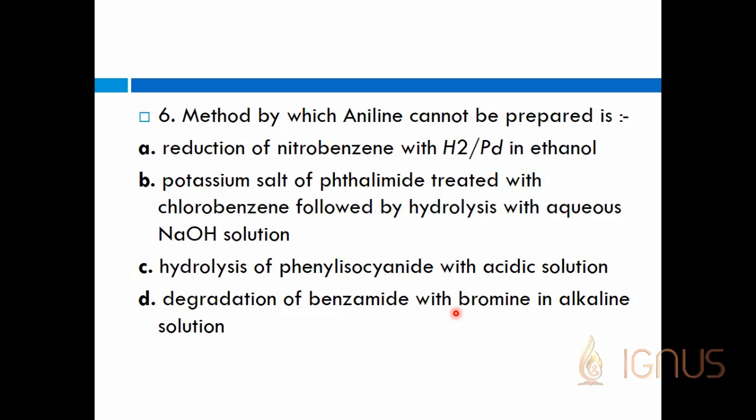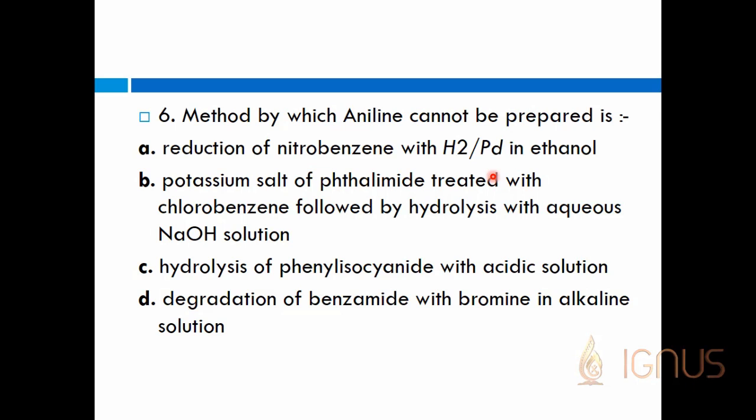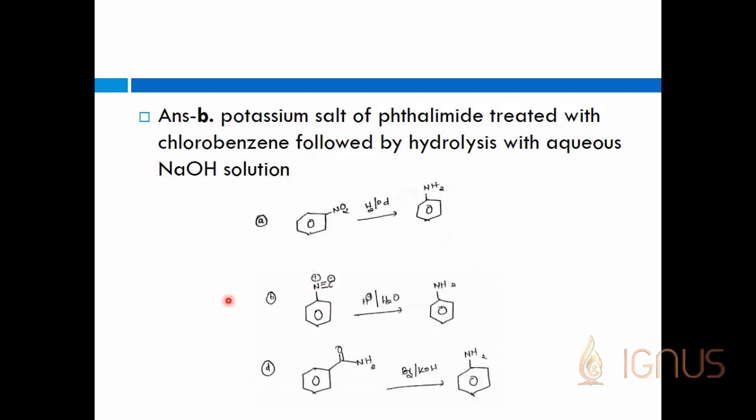Let us discuss the solution for this question. It's an easy question. Answer is option B, potassium salt of phthalimide treated with chlorobenzene followed by hydrolysis with aqueous NaOH solution. We know that if we use any other methods, reduction or hydrolysis or degradation, we can get aniline. When nitrobenzene is reduced in the presence of H2 palladium, you'll be getting aniline.